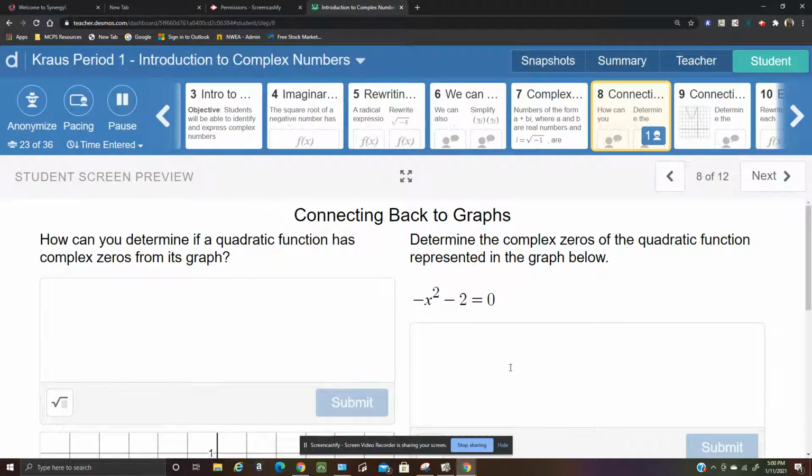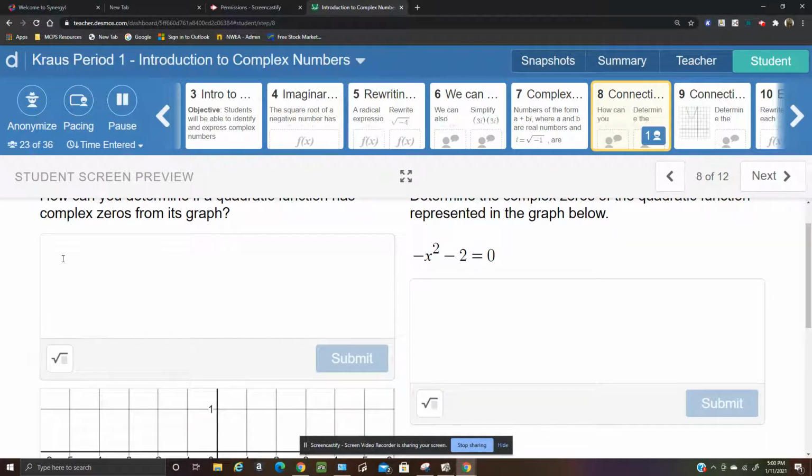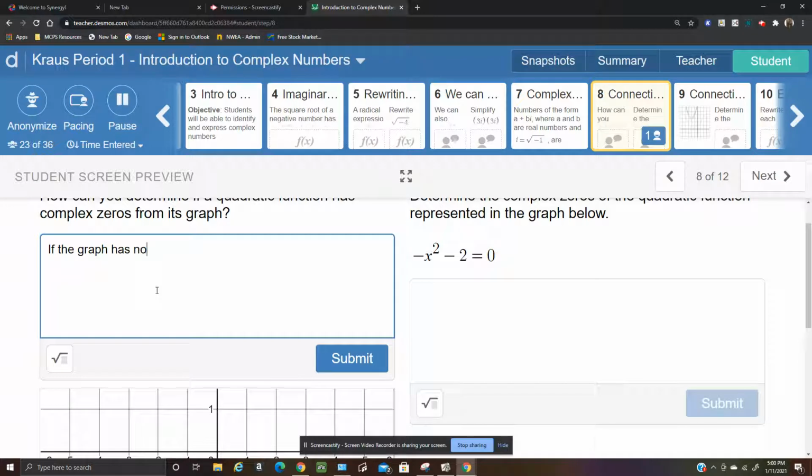So how can you determine if a quadratic function has complex zeros from the graph? The graph has no x-intercepts.